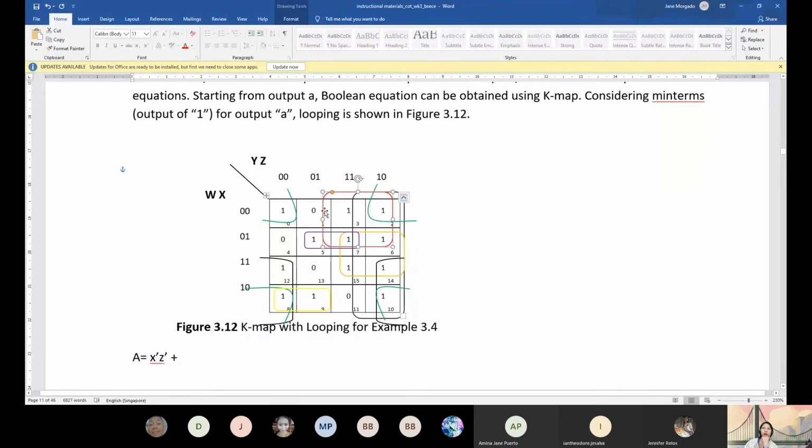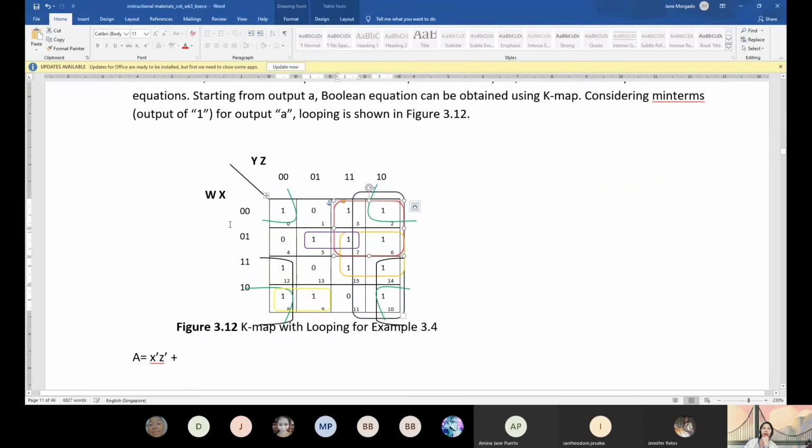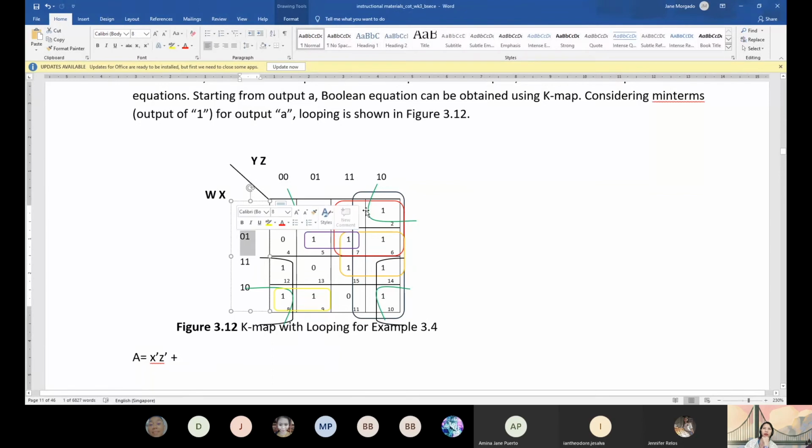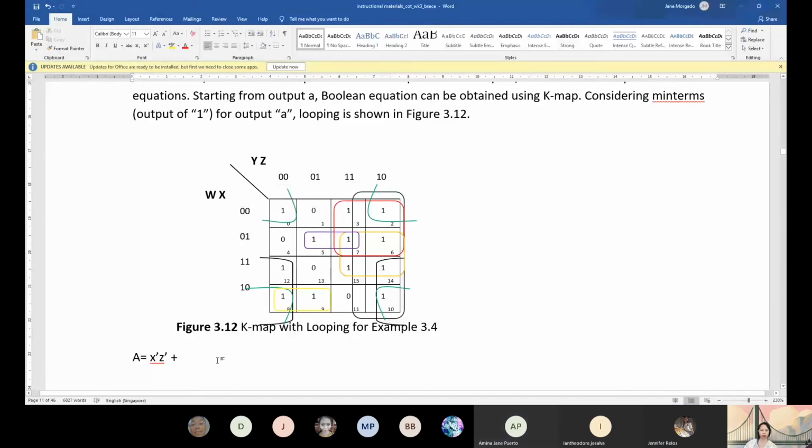It has two values for WX and YZ. For WX, we have 0, 0 and 0, 1. Then compare X to X, 0, 1. What will happen to X? Eliminated. Whereas W is 0, prime. So we have W prime.